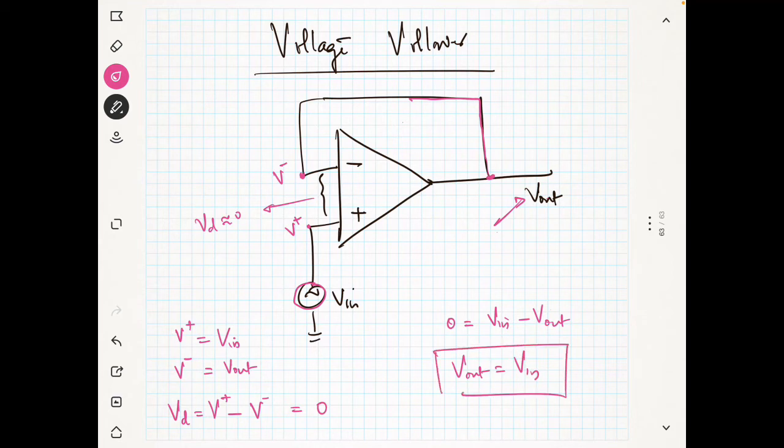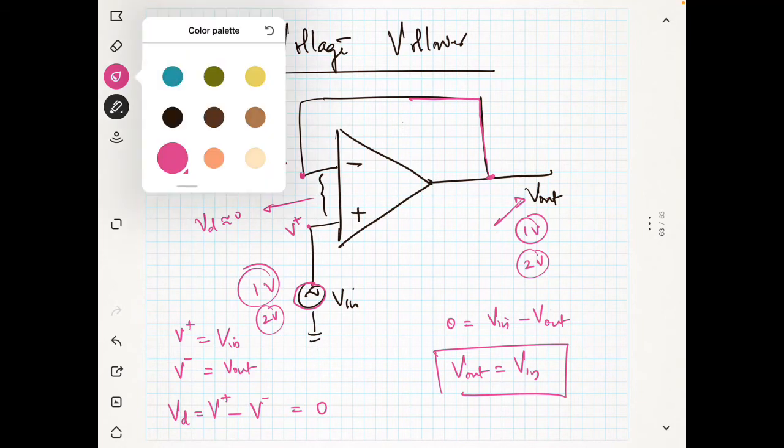That means if you give 1 volt at the input, you will get 1 volt at the output. If you give 2 volt at the input, you will get 2 volt at the output. What is the advantage of this voltage follower? You may have a doubt about that. This is mainly used for impedance matching.